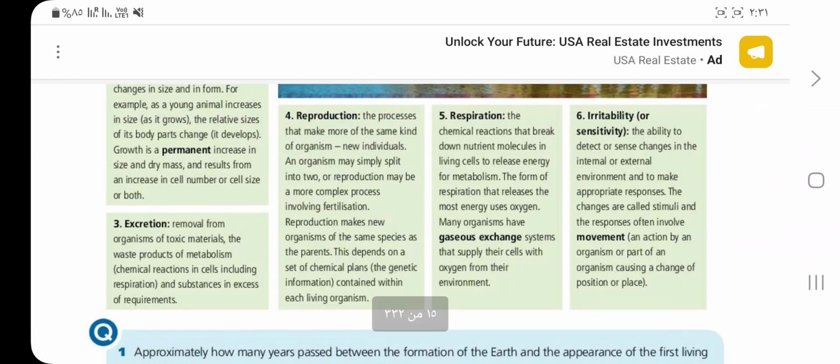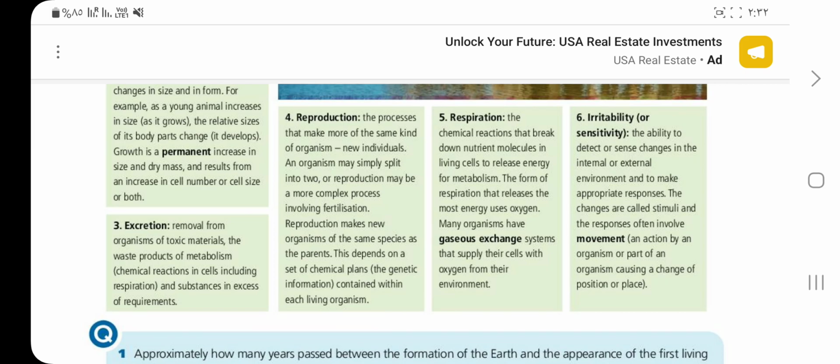The fourth process is reproduction. This process makes more of the same kind of organism. So new individuals of an organism may simply split into two, or reproduction may be a more complex process involving fertilization.